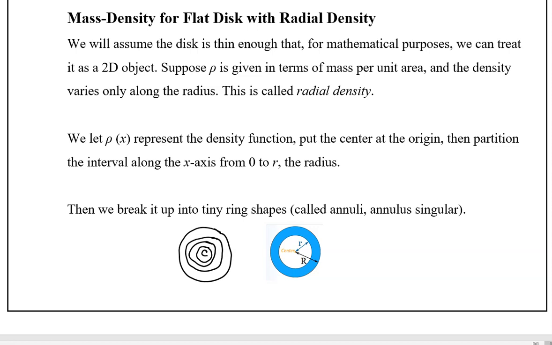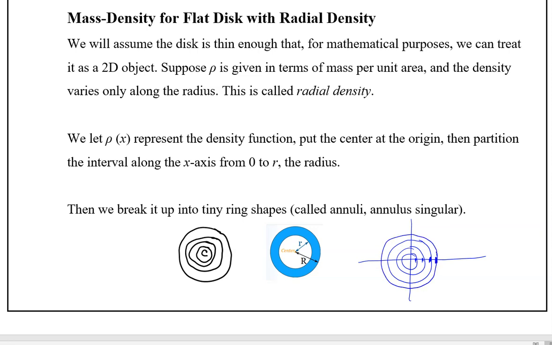So as we're moving from the center to the outside, each ring made up of a different material becomes less dense. If we let rho of x represent our density function and we put the center at the origin, then we can think about each one of these as a partition, and we can move along the x-axis, and we can create basically a partition going along the x-axis by thinking of each ring, which is centered at the origin, as having roughly a different density moving out from the center, but staying on the x-axis.